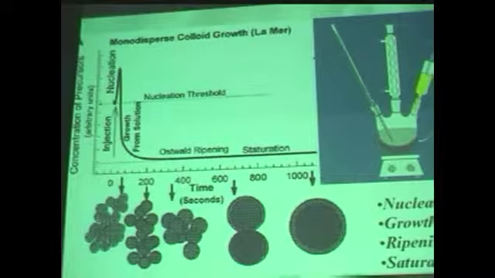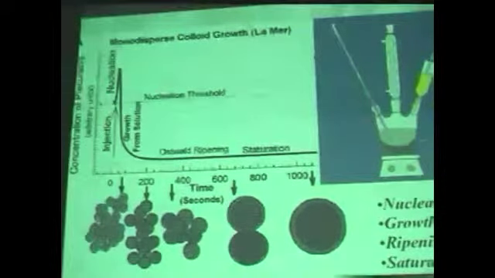So this first mechanism is called nucleation. As the concentration of precursors achieves a certain nucleation threshold, the growth on the surface will replace the first nucleation mechanism.